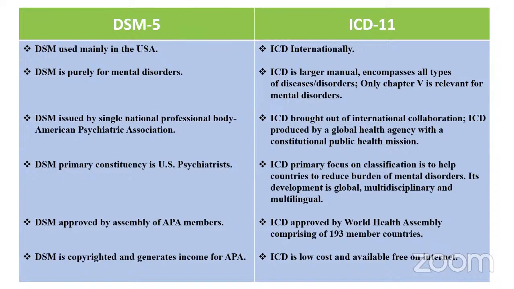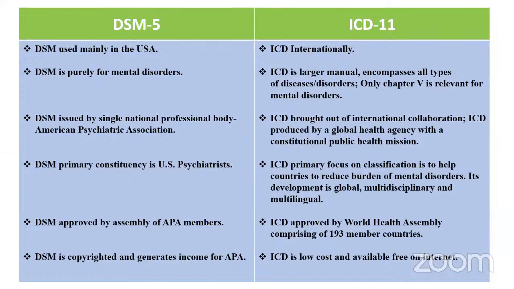DSM is published by one single professional body, the American Psychiatric Association. ICD is brought out of international collaboration. Many countries, mental health professionals and experts come together from different countries, collaborate, and come up with the publication of ICD.